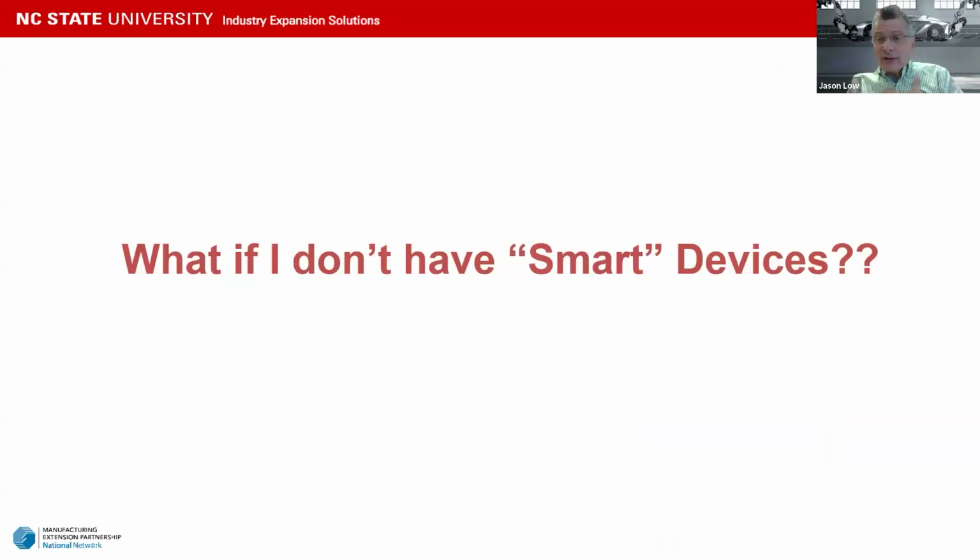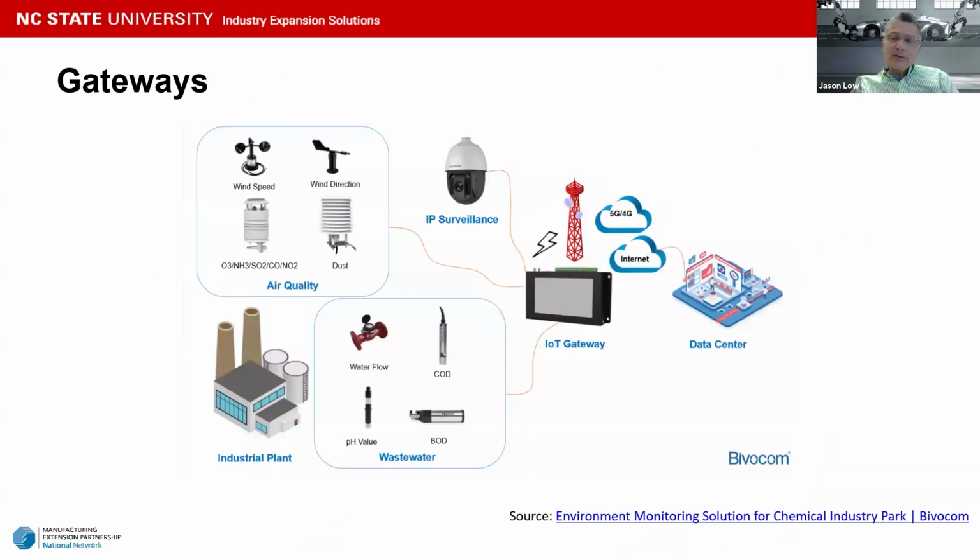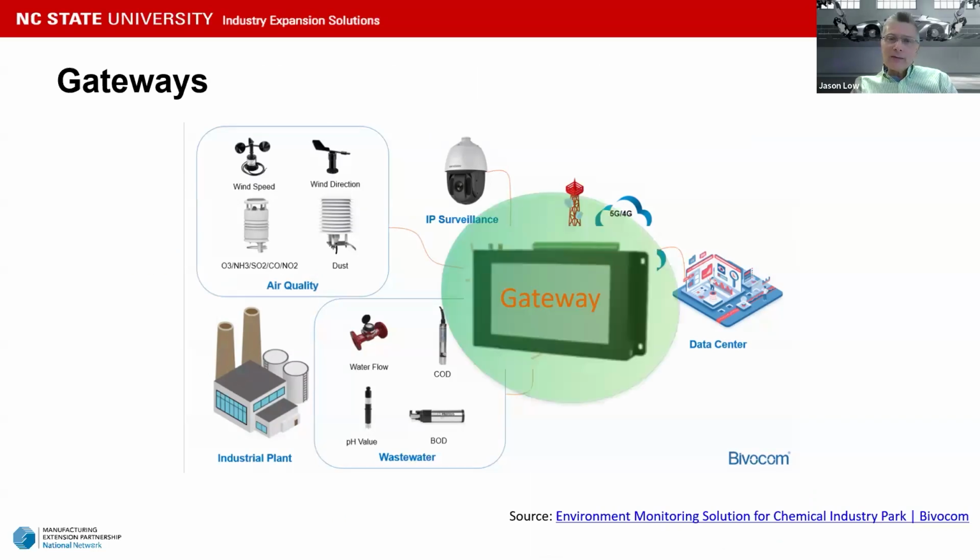So what if I don't have smart devices? I don't want to think that we have to go out and upfit our entire old environment with new devices. That's not feasible. So here's a similar network with older types of devices. And the key here is looking at what's termed a gateway. So we can accomplish that information model that we just saw via a device that we call a gateway.